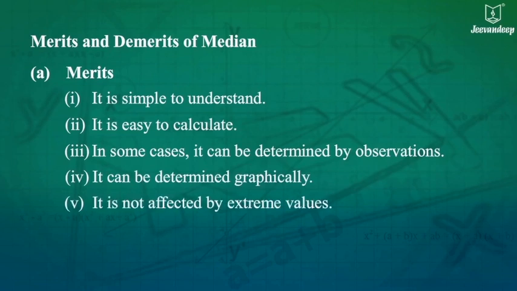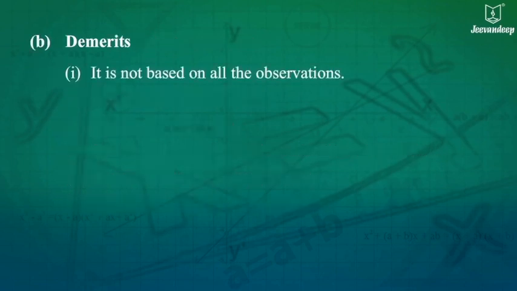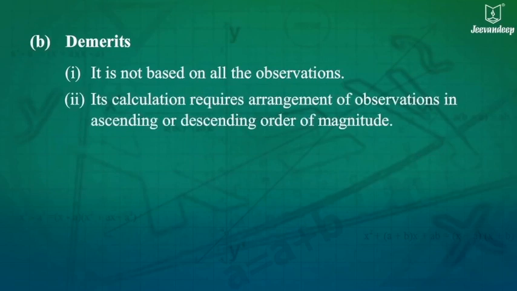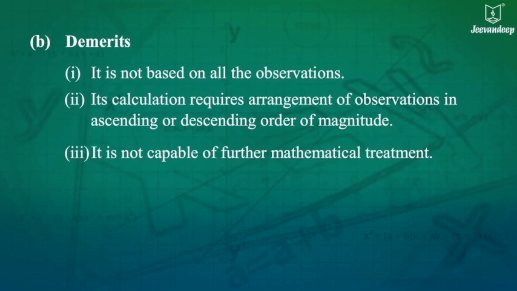It is not affected by extreme values. Demerits. It is not based on all the observations. Its calculation requires arrangement of observations in ascending or descending order of magnitude. It is not capable of further mathematical treatment.